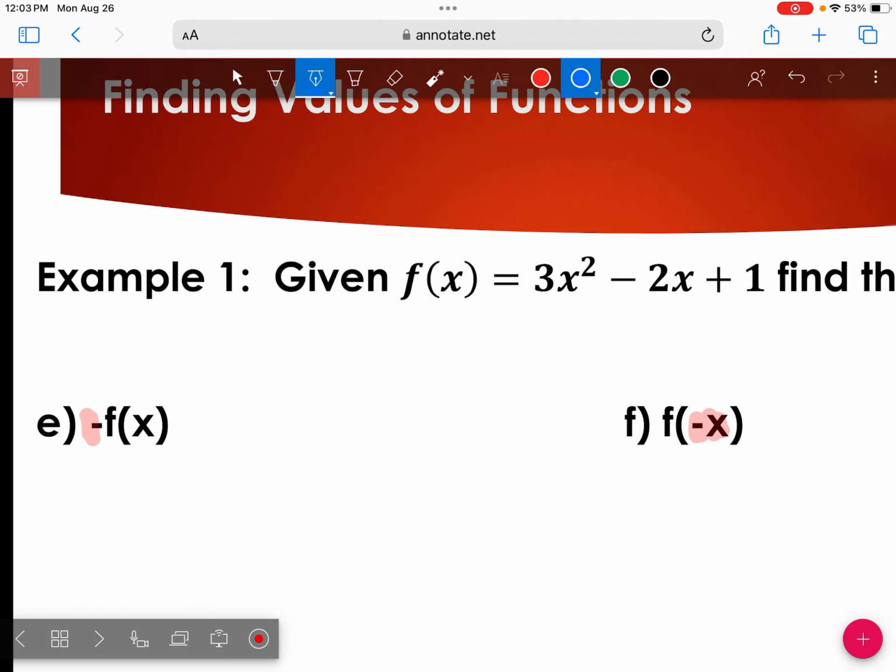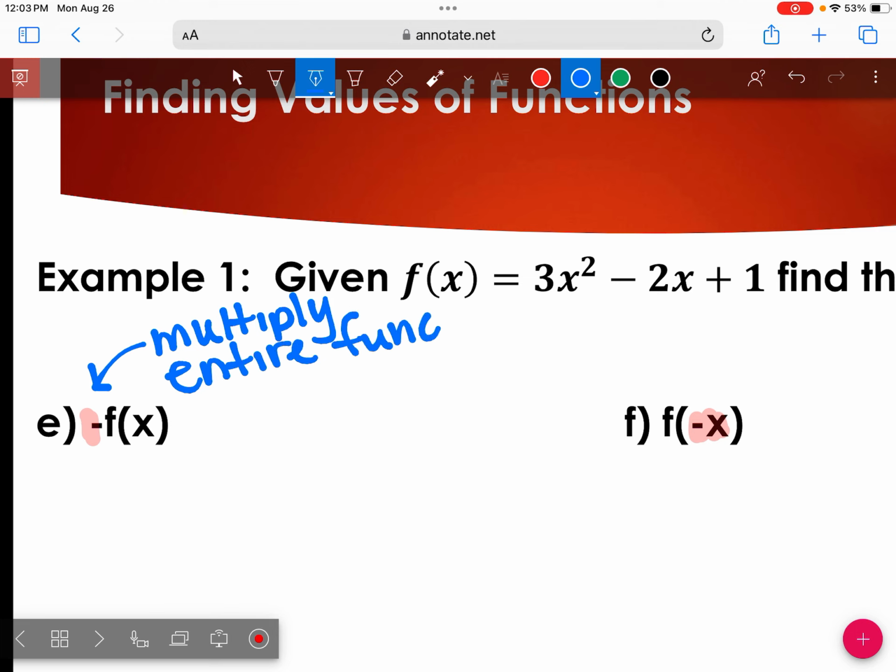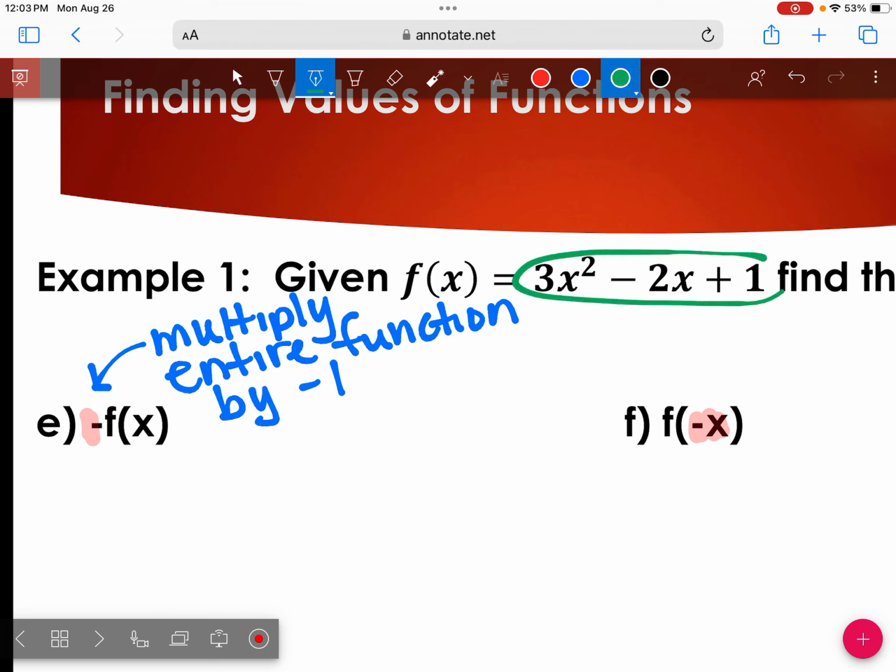For this first one, this is telling you to multiply the entire function by negative 1 when you put that on the outside. So what this first one is telling me to do is to take that 3x squared minus 2x plus 1, and multiply it by negative 1.